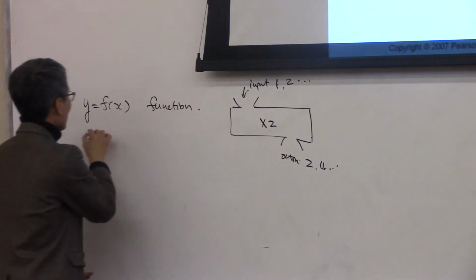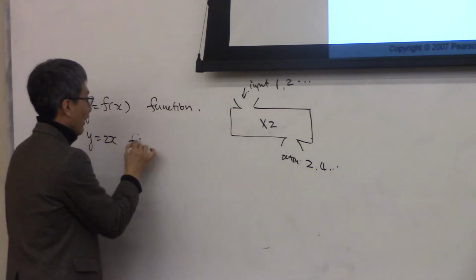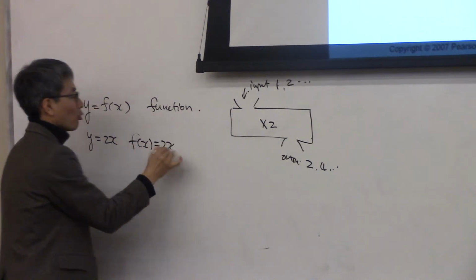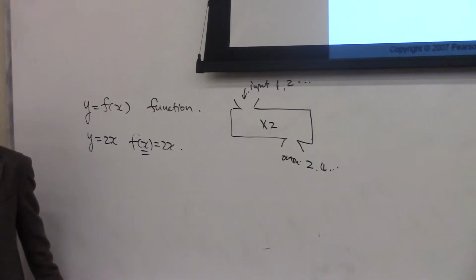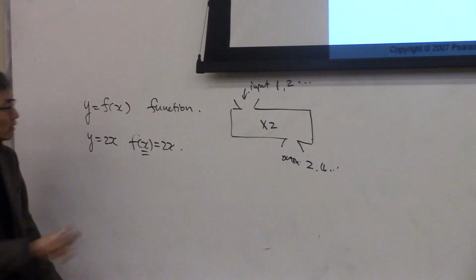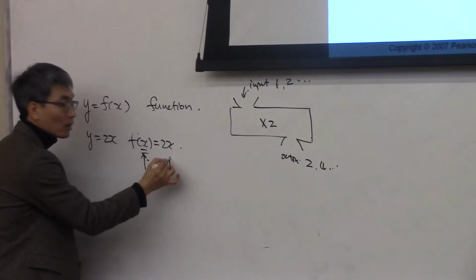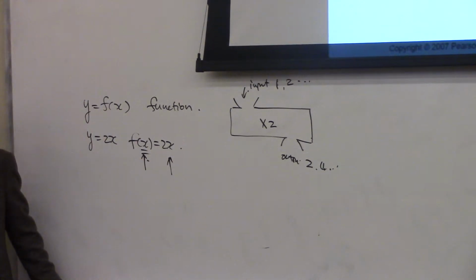So the function is y equals 2x, or f of x is 2x. If there is input, there is output. x goes to 2x. So x determines y. If you have the input, you can decide the output.